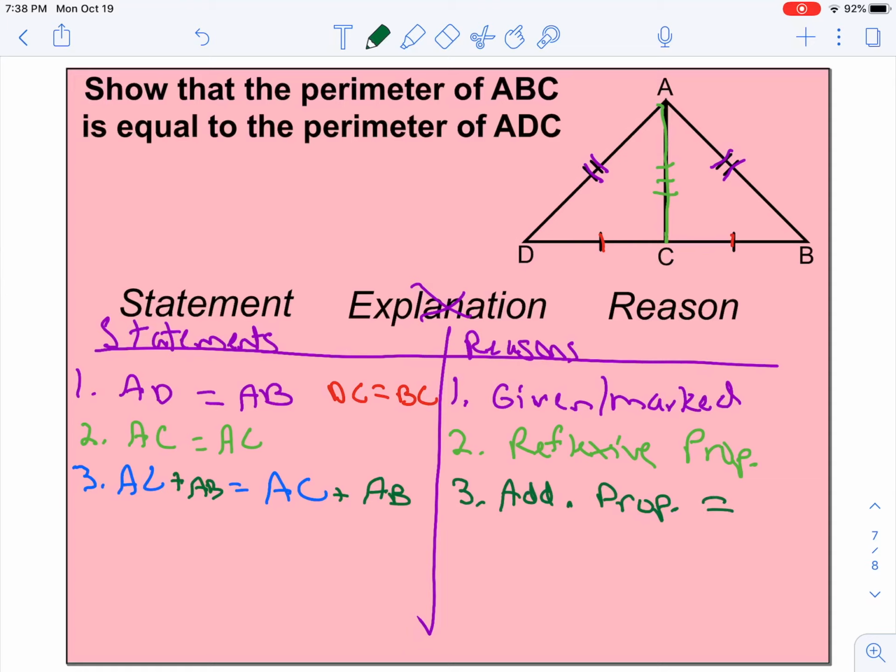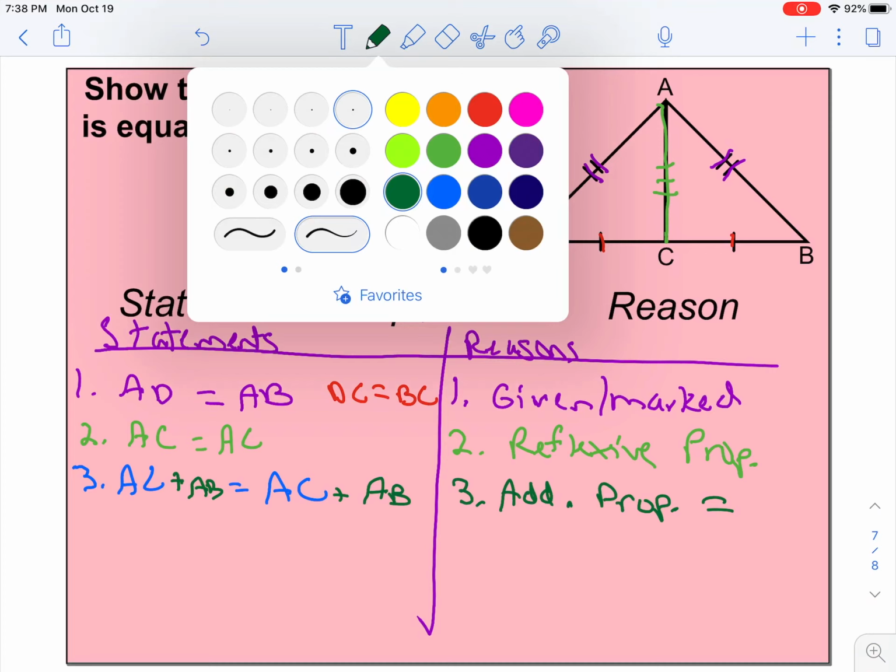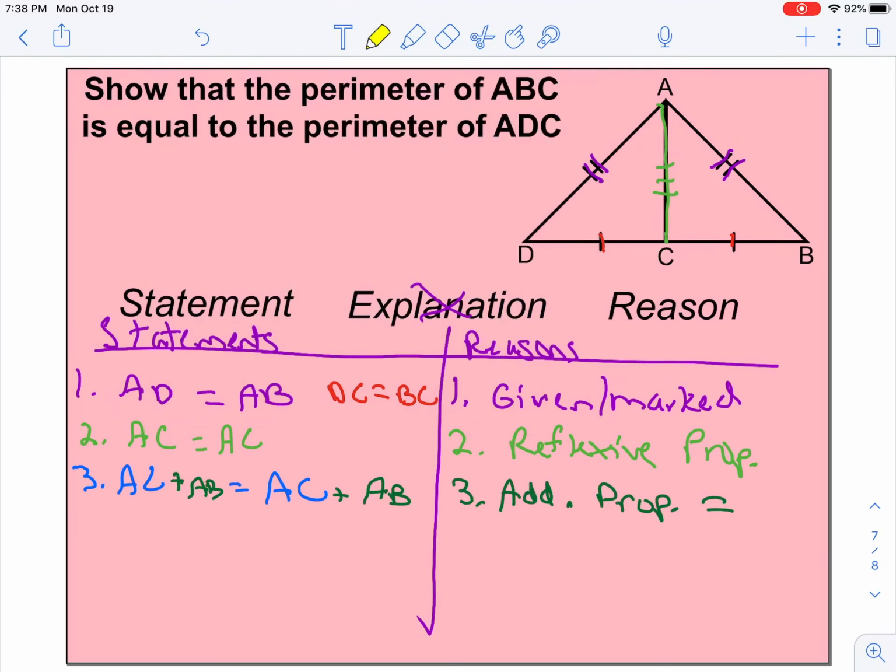All right, so now I could use some substitution here. And what I could do is, since AD is equal to AB, I could substitute what AD is equal to in for AB.